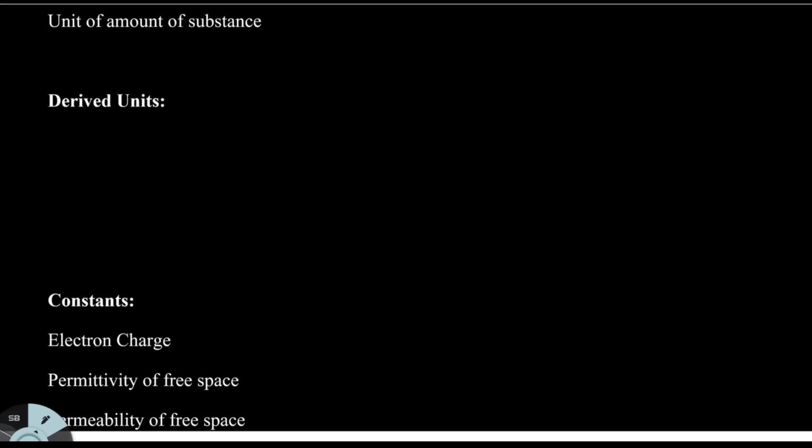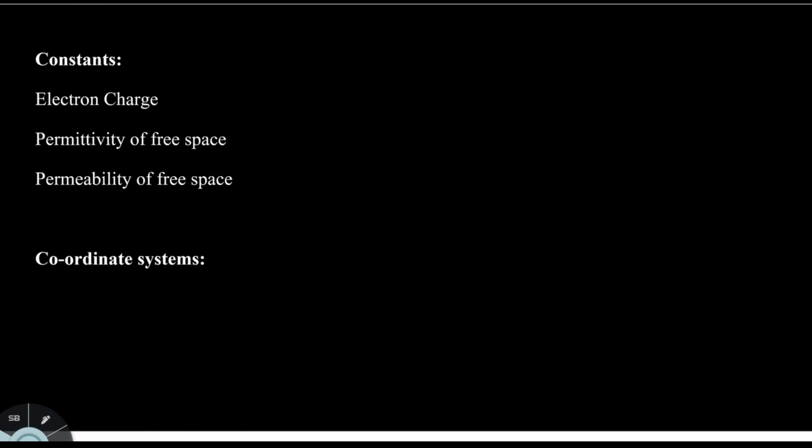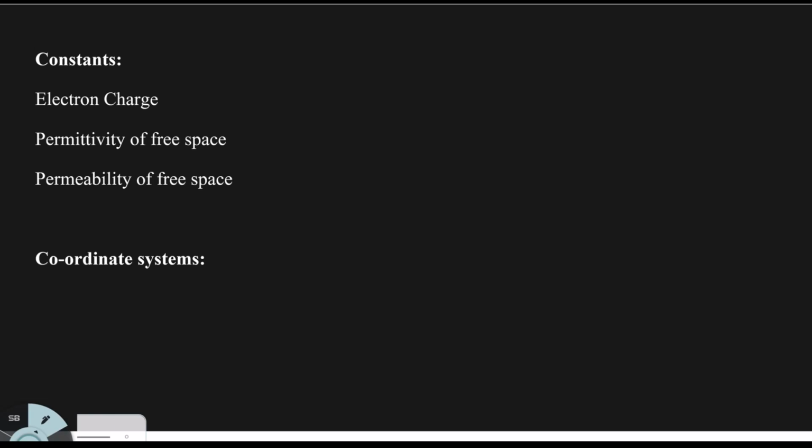Some of the constants we use in electromagnetic field theory are as follows. Electron charge is represented by the letter e, and its value is 1.6 into 10 power minus 19 coulomb.